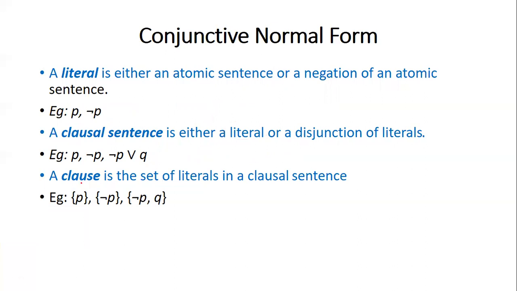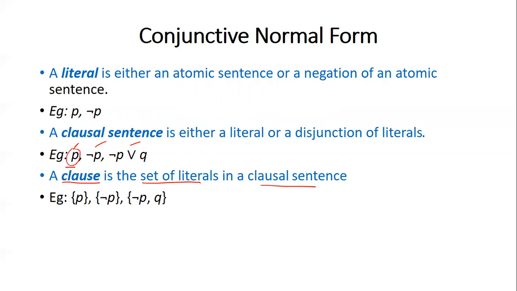And then what is a clause? A clause is the set of literals in a clausal sentence. So for example, if you take these clausal sentences, what are the sets of literals?